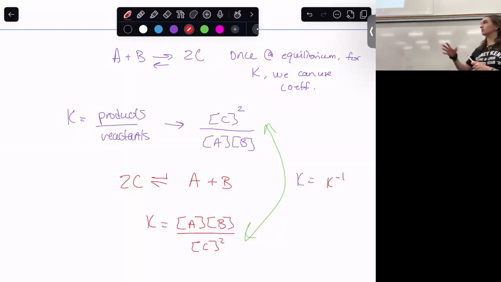So if purple K is a very big number, what is red K going to be? A very small number, right? Because we're taking the inverse of it. If purple K is a very big number, does that mean we have more reactants or more products? Big K, a very large K value.